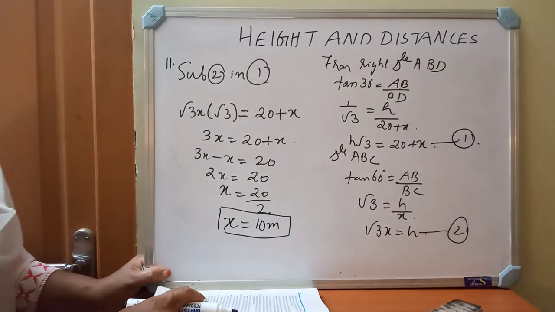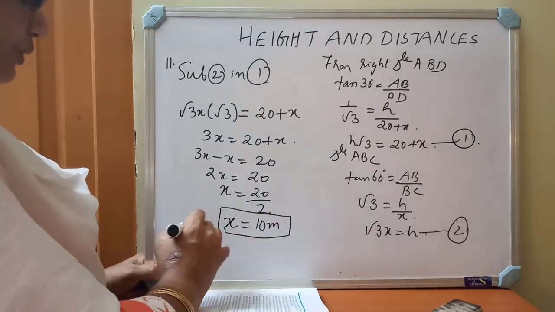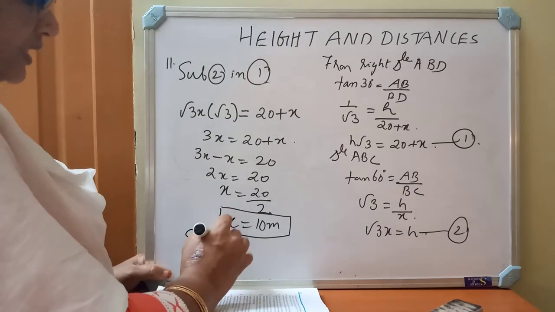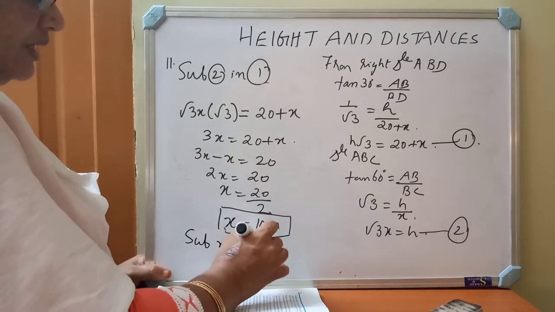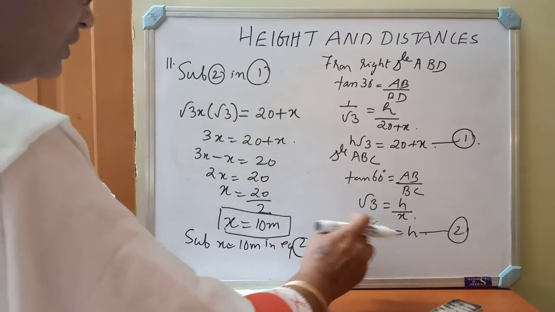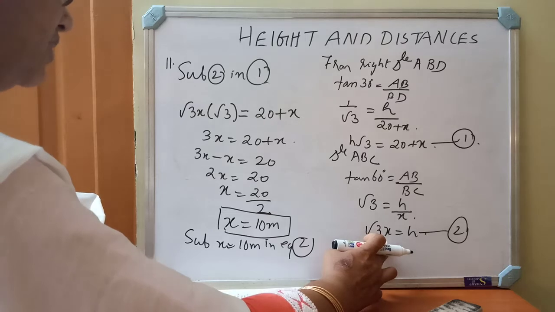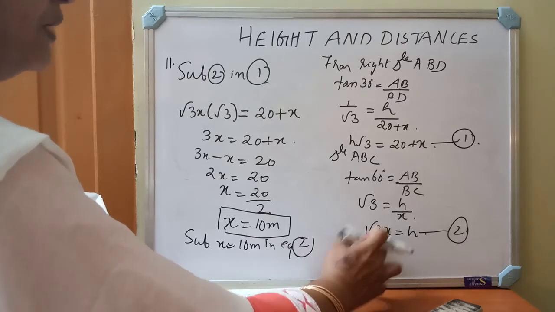Okay. Next what they ask you to find out, find the height of the tower, h. Okay. Substitute x equal to 10 meter in equation 2. So if you are substituting in equation 2, x is equal to 10. So what will be our h value?